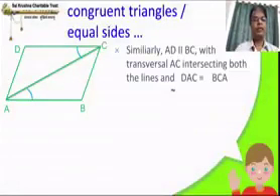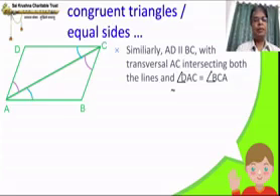Now, similarly, AD is parallel to BC with transversal AC intersecting both the lines, and angle DAC equals angle BCA. I am putting a different color here. You can see AD is parallel to BC. So what happens? Between AD and AC and between BC and AC, two alternate interior angles are formed, and both are equal.